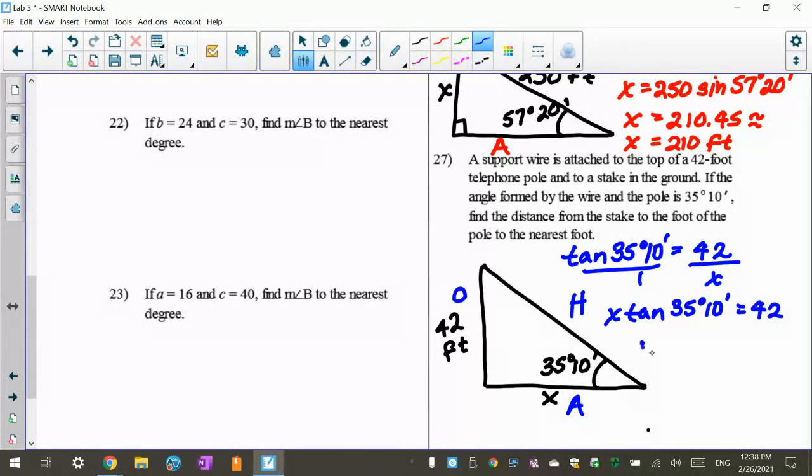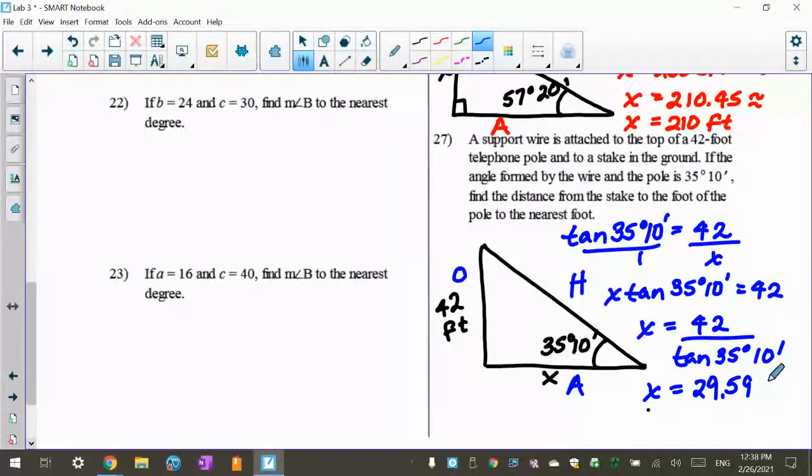And then you're going to divide by that. So x is going to be 42 divided by the tangent of 35 degrees, 10 minutes. So when I put that in my calculator and they said go to the nearest foot, it comes out to be 29.59. So this is roughly going to be 30 feet. Okay, so those are those two.